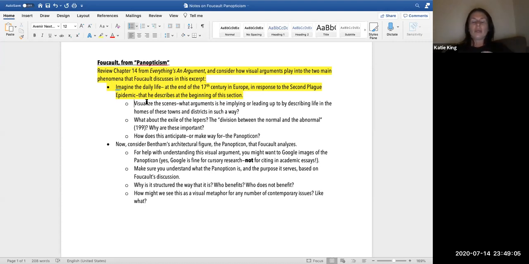I want you to really absorb what feelings come up for you when he describes how the houses are, how people are managed, how towns are managed, how districts are managed. Visualize them. Think about, again, not just your intellectual response, but your emotional response.